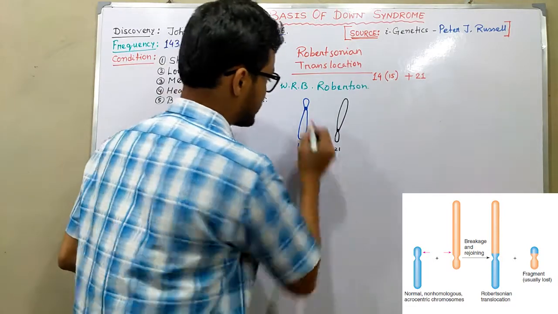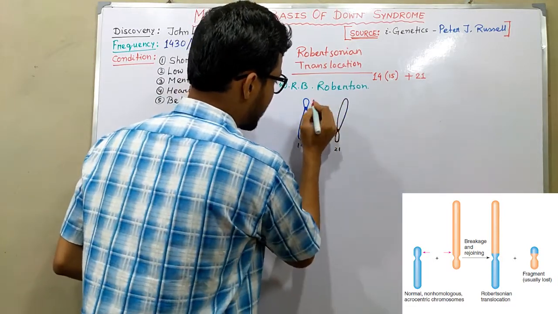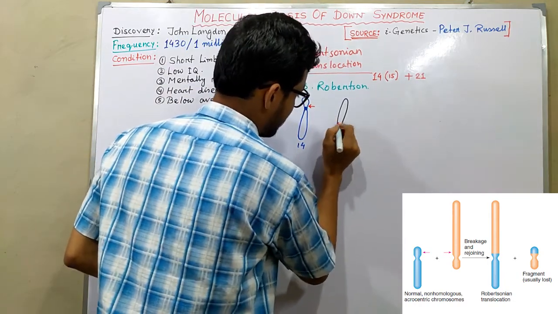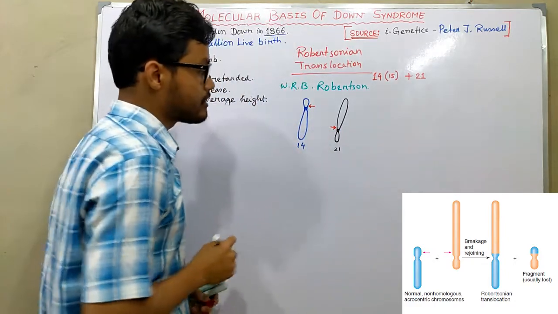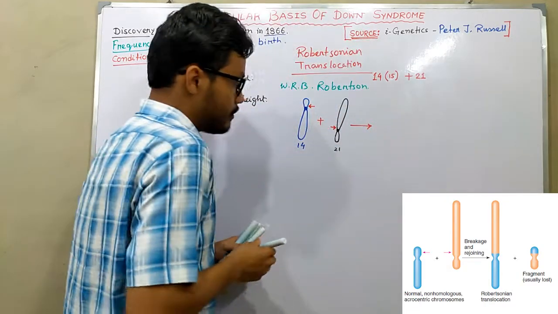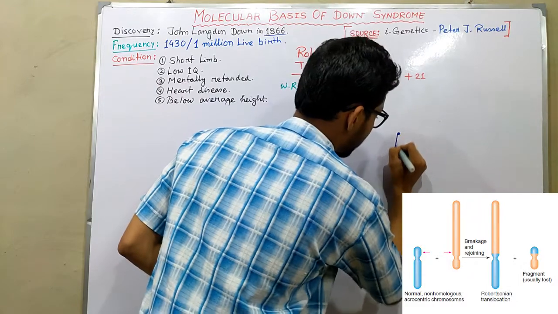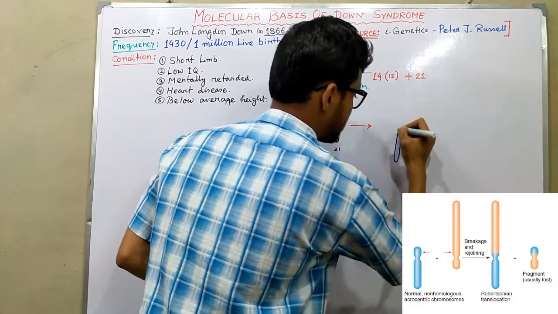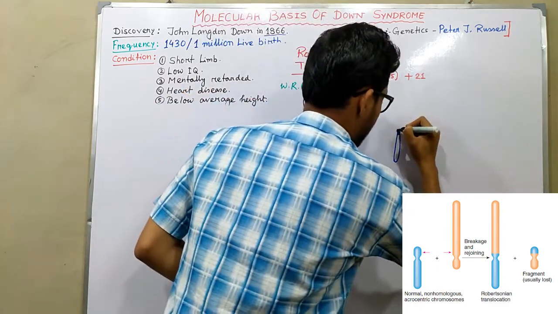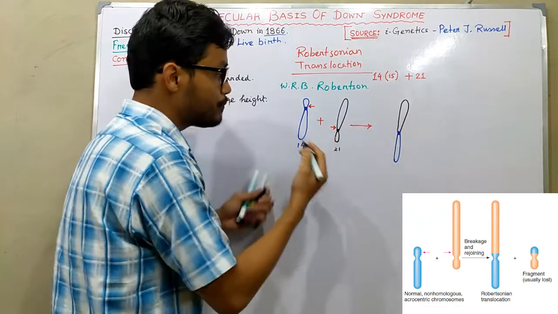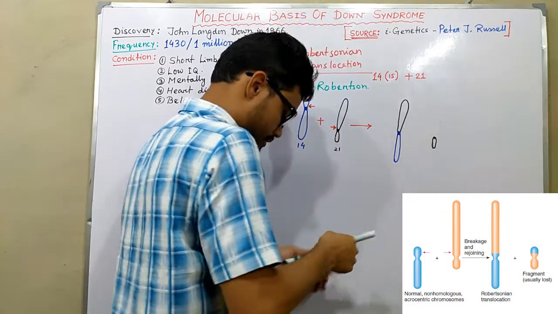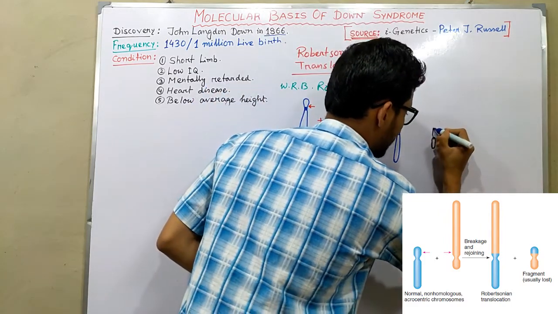Here the long arm is separated from the short arm, and here also the long arm is separated from the short arm, and it ultimately leads to a condition where one chromosome is present with both long arms, and another portion has the short segments of the two chromosomes.